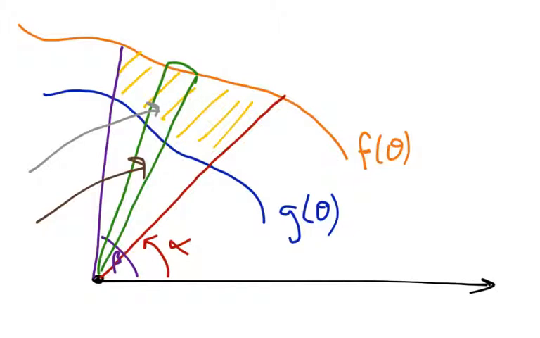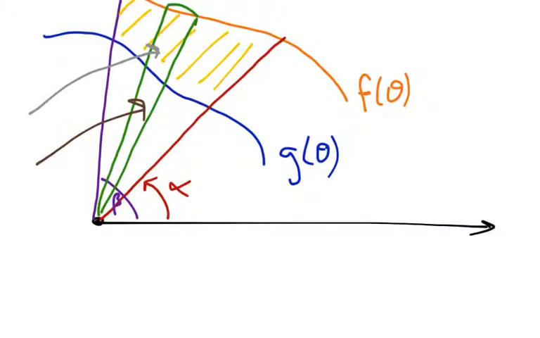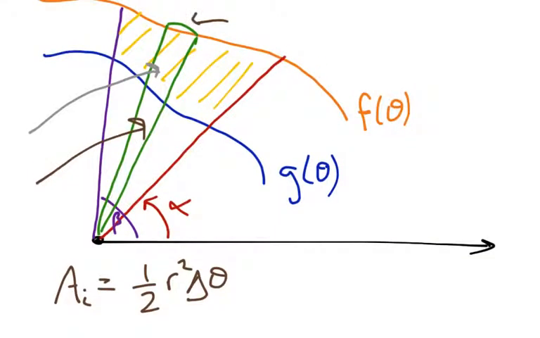That should be pretty intuitive, because as we said yesterday, the area of the whole sector piece is given by 1/2 r squared delta theta. This is going to be our delta theta right over here, like we said in the notes.